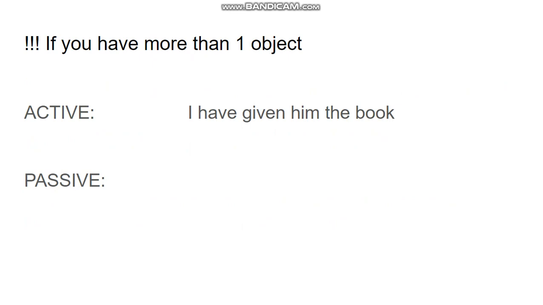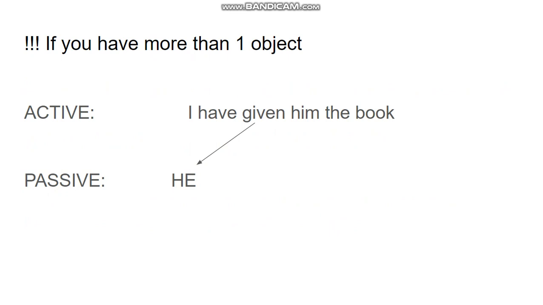The book is the direct object, the thing that's given, and the person that joins you in the action, you could say, is him, and that's the indirect object. Something changes when you have this, and it's the fact that your indirect object will become the subject of your passive sentence. So him was our indirect object, meewerkend voorwerp, that becomes the subject of our passive sentence.